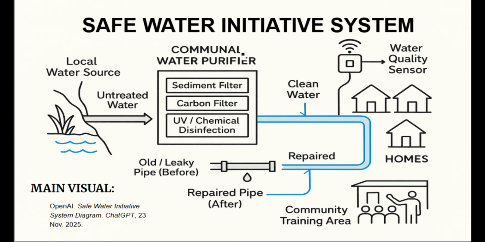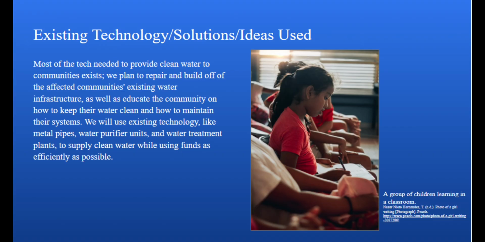And then from there, we have clean water traveling through repaired pipes into homes. And along those pipes, we have low cost sensors monitoring the water quality. And then at the bottom, you can see a training area where residents can learn how to operate and maintain the system themselves within the community.